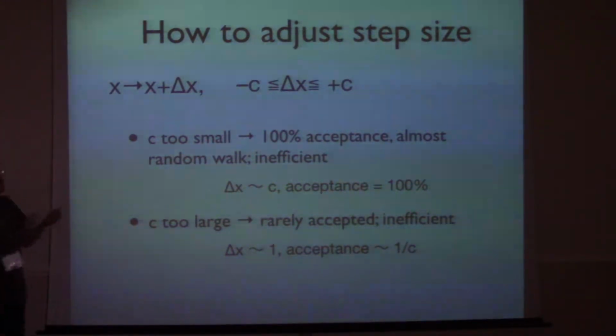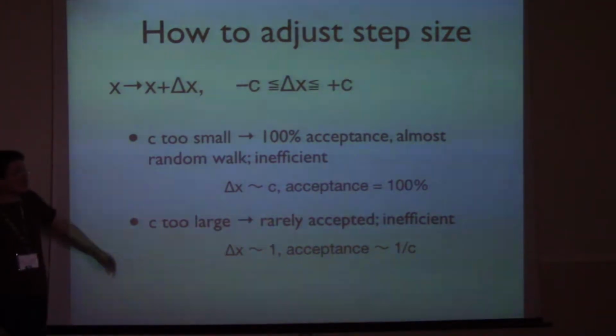So the change is almost always accepted. So in a sense, it's very efficient. However, the change is so small, it's essentially a random walk. So though the acceptance ratio is very high, so the configuration is updated every time, the change is too small. In that sense, it's not efficient.